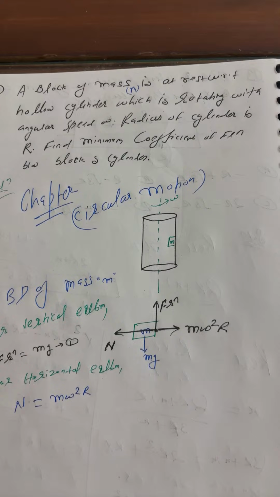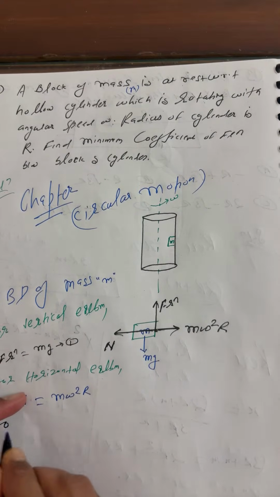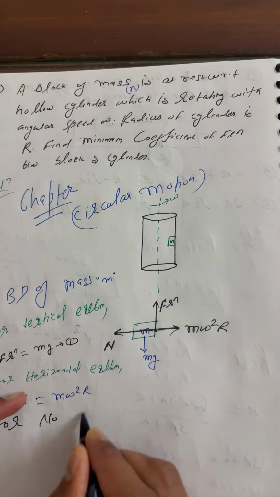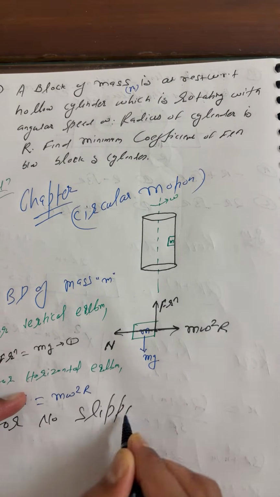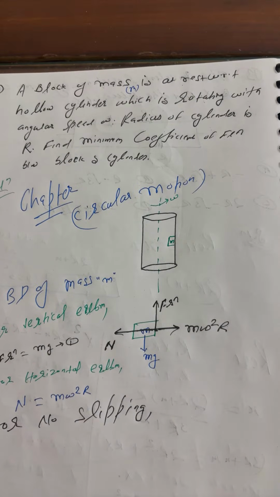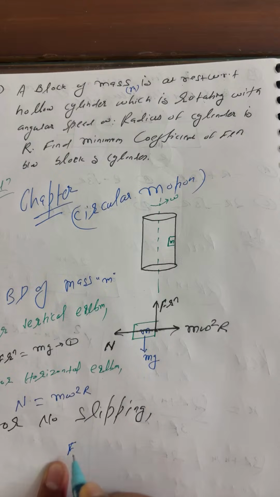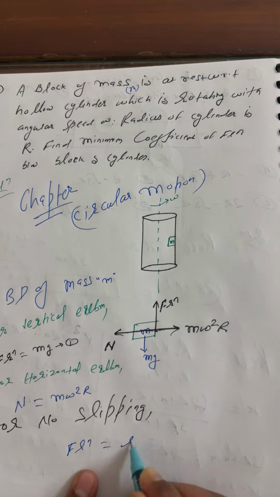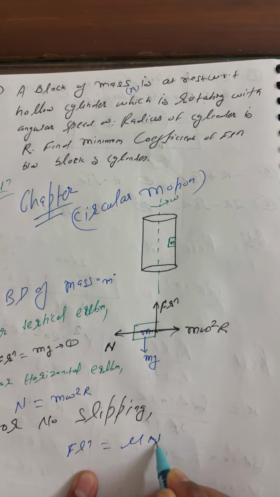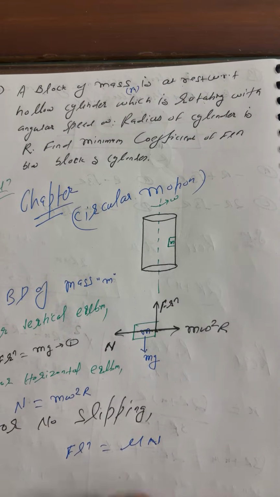Now I'm going to apply the condition for no slipping. It's a very favorite concept in NLM, work power energy, and circular motion as well. Friction is equal to mu N, or you can say friction is less than or equal to mu N. Both are correct.